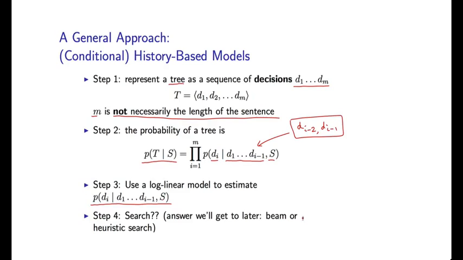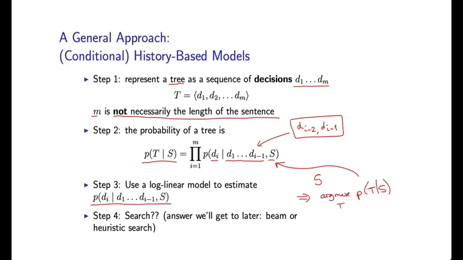The final question is search. In general, we're going to take some sentence S as input, and we're going to try to find the parse tree T that maximizes this conditional probability of T given S, where this of course is defined through this expression here. Now crucially, we're not going to make a Markov assumption in this case, and that means in the general case that dynamic programming algorithms won't be available.